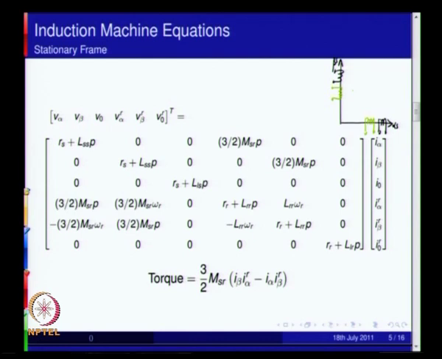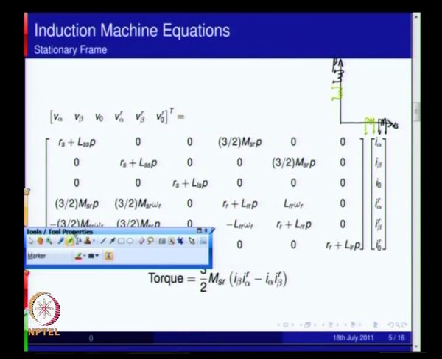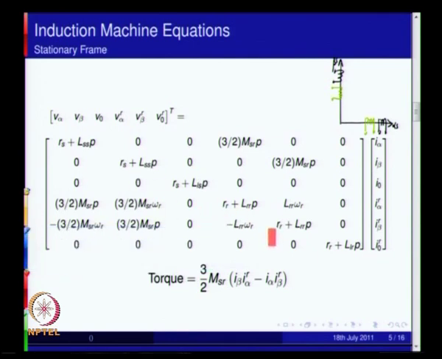So with this then you have the impedance description as it appears here, and the expression for the generated electromagnetic torque TE is given by 3 by 2 times MSR into I beta of the stator into I alpha of the rotor minus I alpha of the stator into I beta of the rotor. So this is the description that you will end up with.